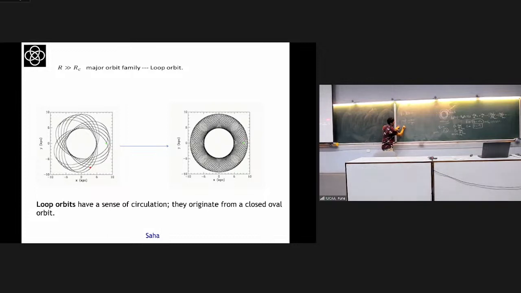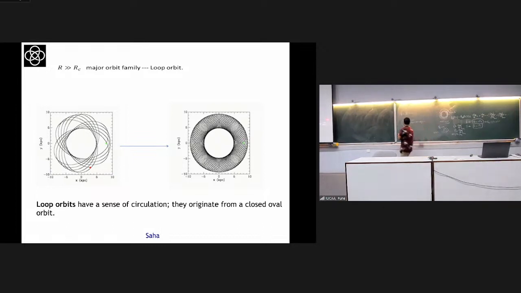So M gas, the mass of the gas. The gas is basically coming from neutral hydrogen gas, and then you have molecular hydrogen gas, and then you have CO, all that.